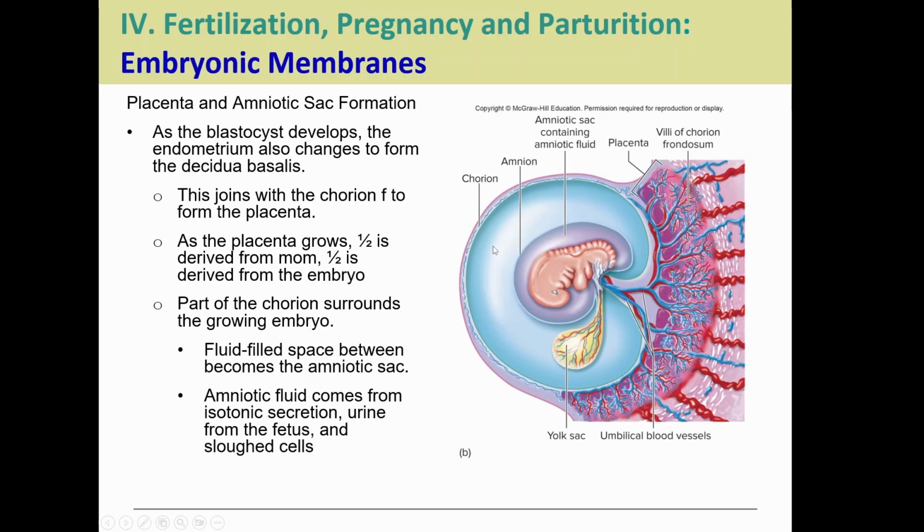It has a fluid-filled space between that becomes the amniotic sac. The amniotic fluid comes from secretions, as well as urine and any old cells. This is the basis of something like an amniocentesis, where we take some of that fluid and test some of those sloughed off cells to check for things like genetic mutations.